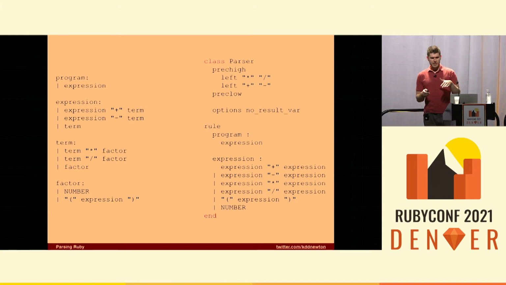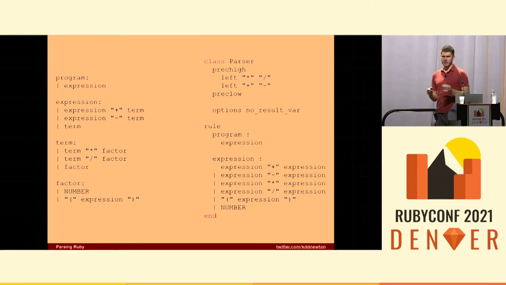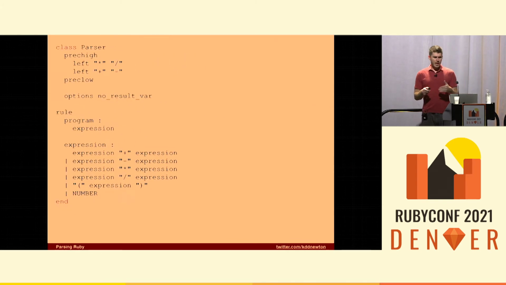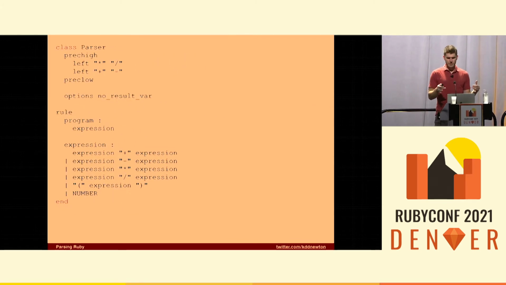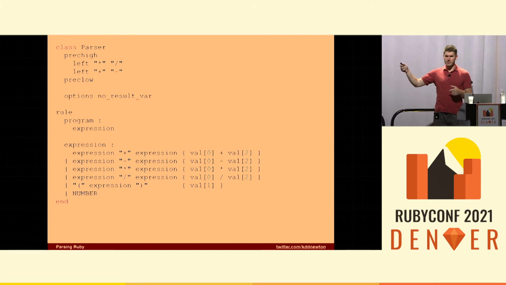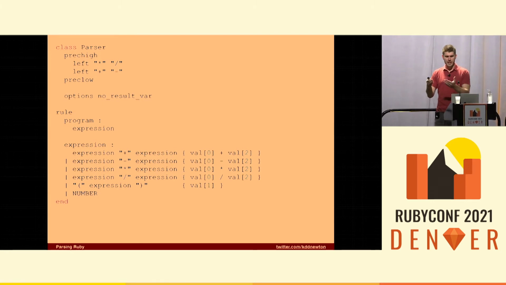The expressions down there are actually an equivalent grammar to the grammar we already have. When you pass a grammar into a parser generator, it's going to take that and do all that shifting and reducing for you and generate it for you. The last thing that you can do on top of this is you can execute actions when rules are reduced. This one is going to evaluate it immediately. This is going to take whatever the input is and just evaluate it as soon as we find it.